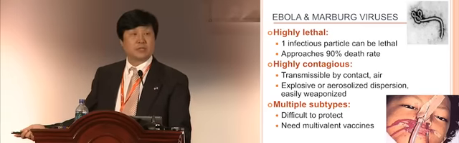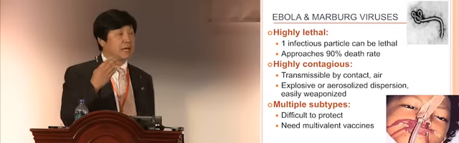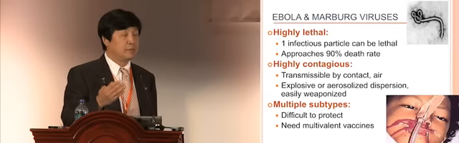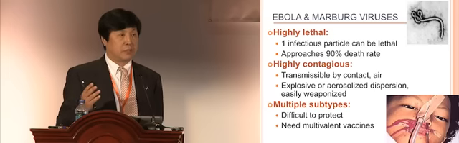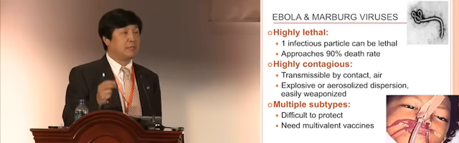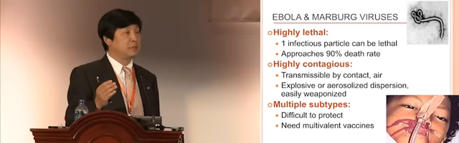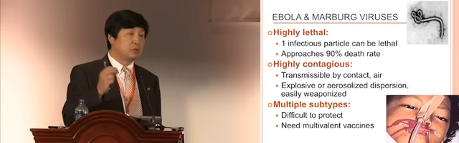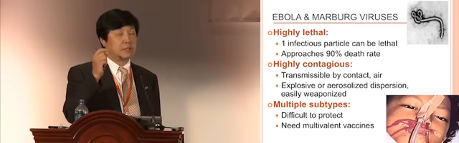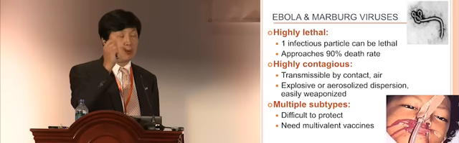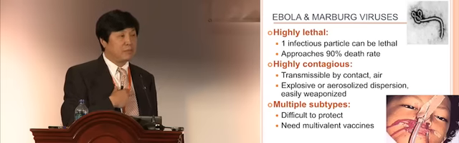And they're highly contagious. We used to believe it could not be transmitted through air, because that was just the imagination in the movie Outbreak. It has recently been proven, by the former Soviet Union and recently by the US Army: aerosolized Ebola virus, inhalation of one single particle, causes massive hemorrhagic pneumonia.